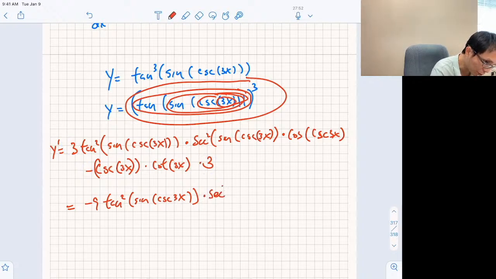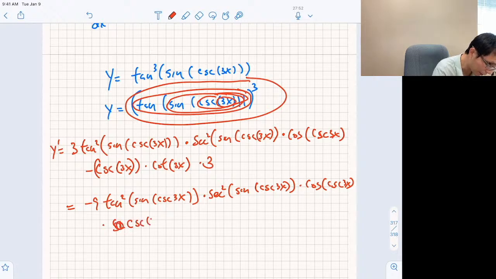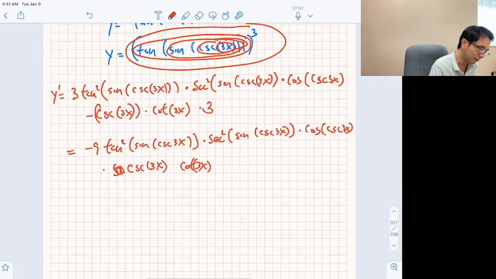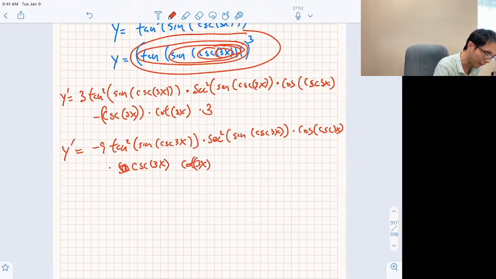Times secant squared of sine of CSC of 3x, times COS of CSC of 3x, times CSC of 3x and times COT of 3x, and that's it. Okay, so you're going to take a derivative of this.